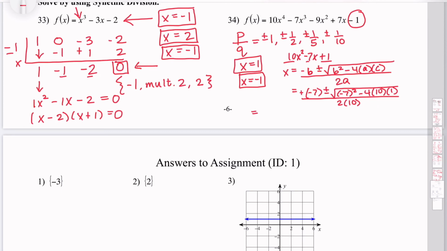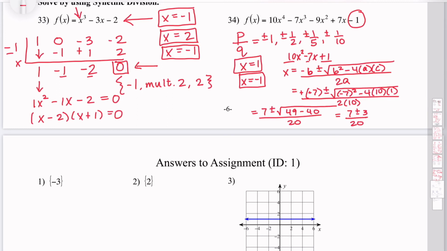We get negative, negative, make a positive 7 plus or minus. Negative 7 squared is 49. Negative 4 times 10 times 1 is negative 40. All over 20. 7 plus or minus. 49 minus 40 is 9, and the square root of 9 is 3.